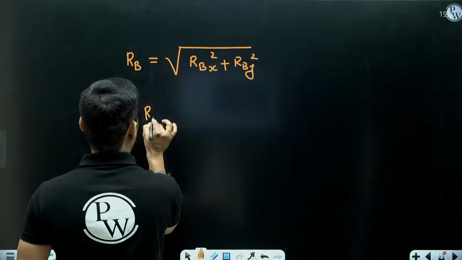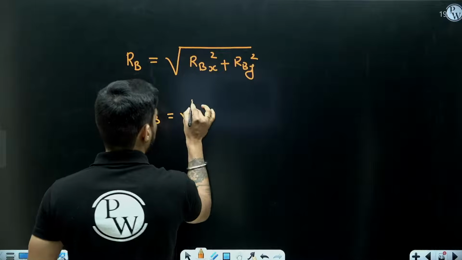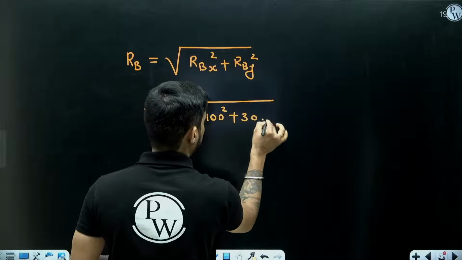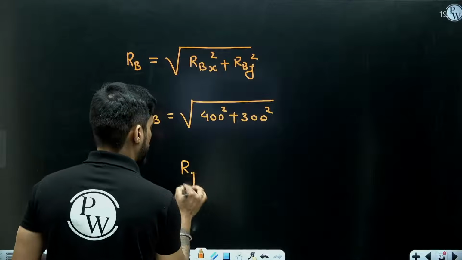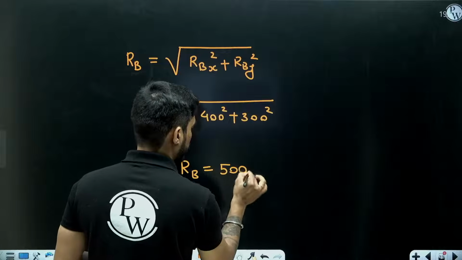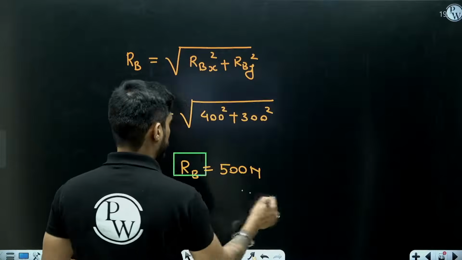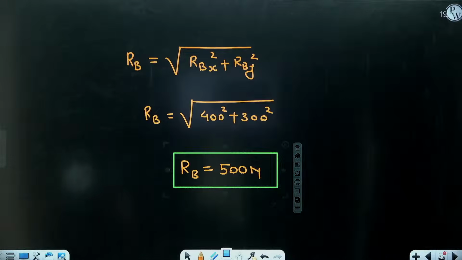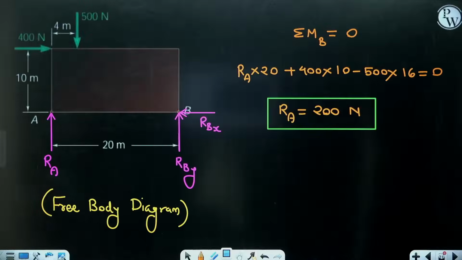Here I have not mentioned. So it will be 400 square plus 300 square. So RB will be 500 Newton, right? Very good, Sanjay. RB is 500 Newton and RA is 200 Newton.